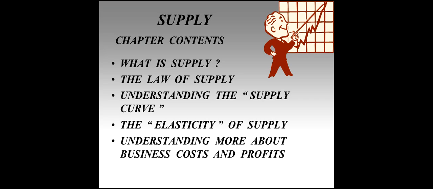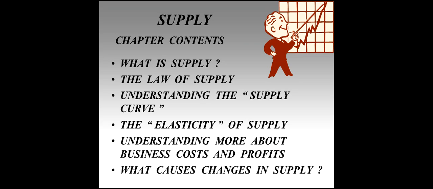Because we're thinking like producers or managers of businesses, costs have an impact on supply to a market. And we're going to do a little bit more work in understanding business costs and profits in this chapter. And then we'll wrap this chapter up by talking about what things can cause overall changes in supply to a given market. So let's get started.